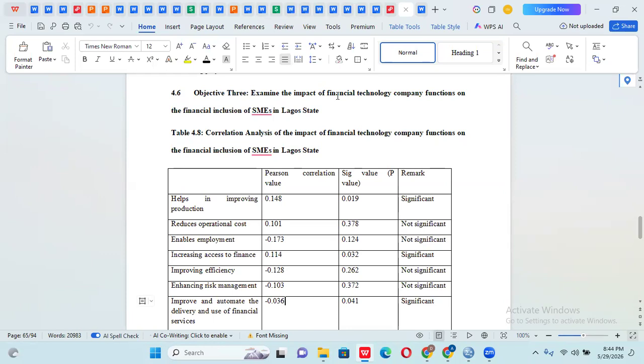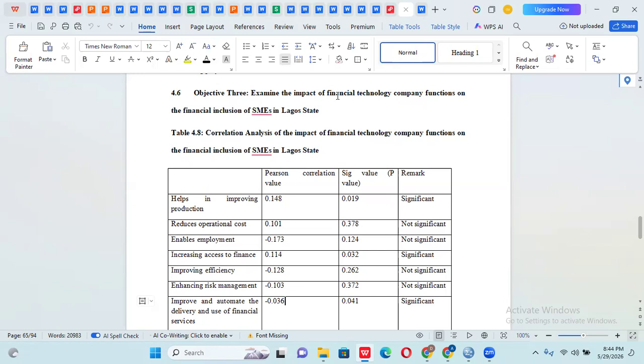Now look at these variables that we have. Impact of financial technology company functions, the function, and then financial inclusion. The two of them, based on the questionnaire that we have, two of them are categorical. Remember that they have options. The way they were measured in the questionnaire, they have options.